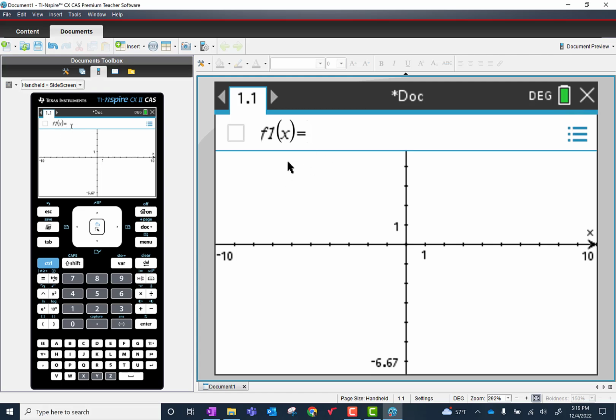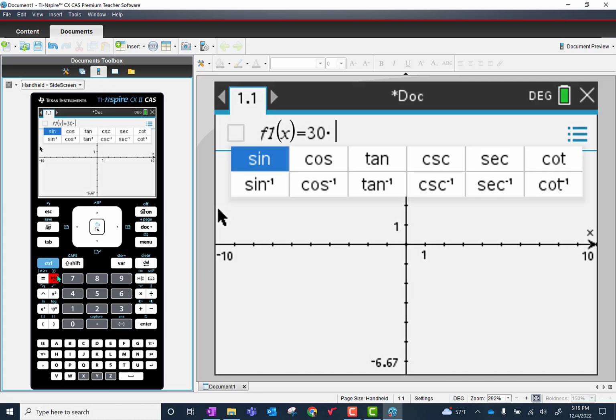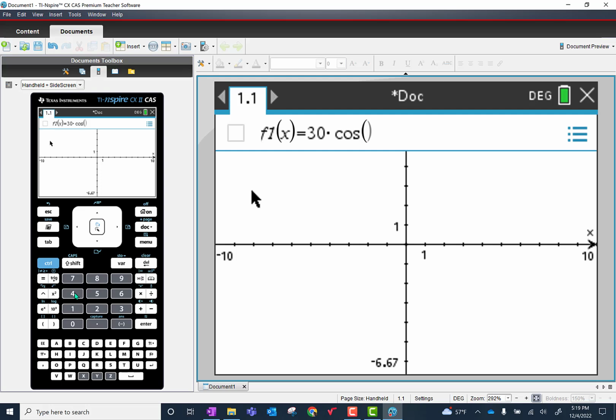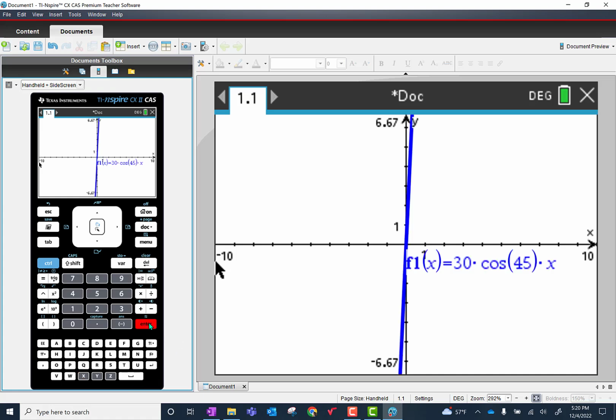Oh, that's nice, it just deleted it for me. Okay, we can do it again. So 30 times cosine of 45 degrees. Since we're in function mode, we're not going to use a t, we're going to use an x, because that's how function mode works. So F1 is my X equal equation, and it even shows it right there.